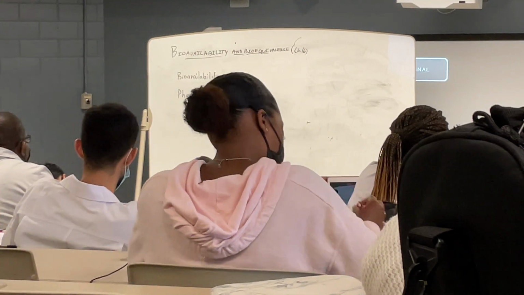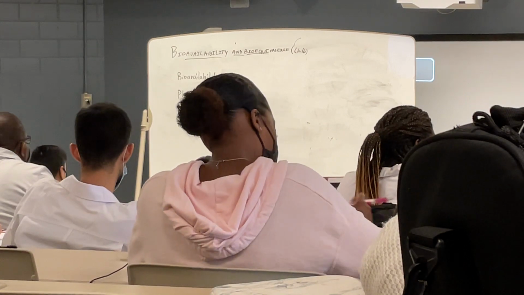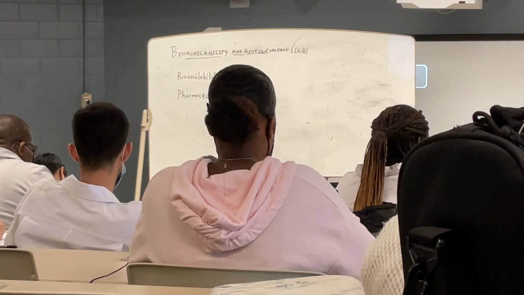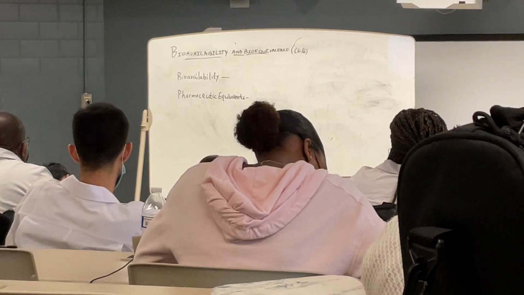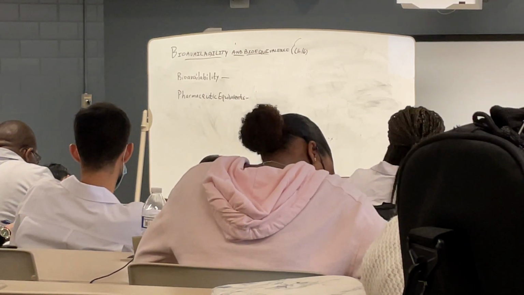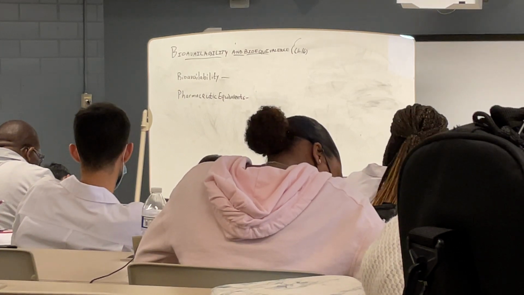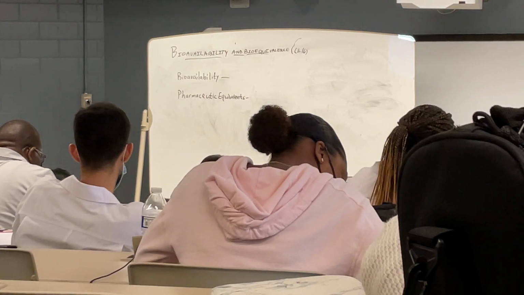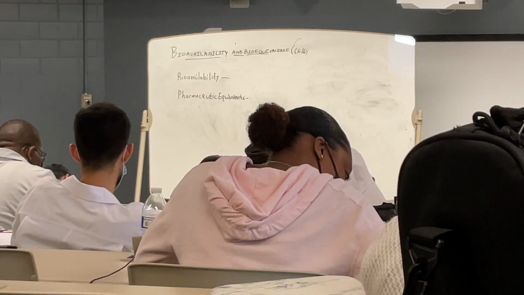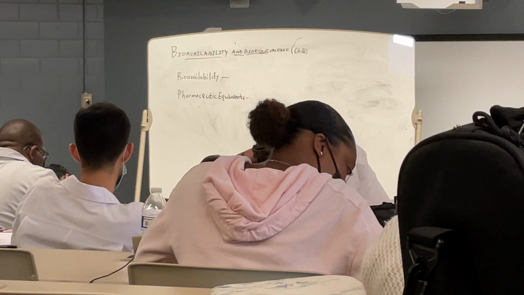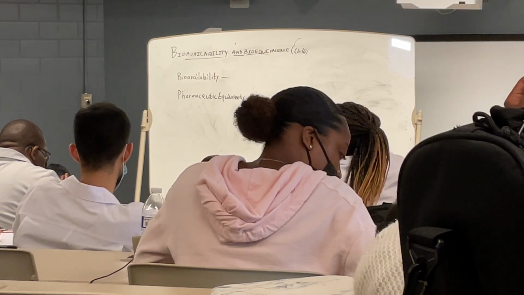Again, these definitions are at the end of chapter 16, but there are some additional definitions that I want you to know. So make sure you know them. Pharmaceutical equivalents are drug products that contain the same amount of the active drug ingredient, but contain different amounts of the inactive ingredients.